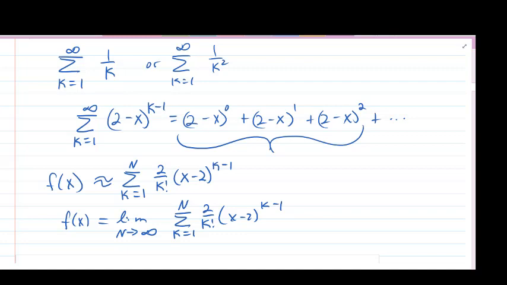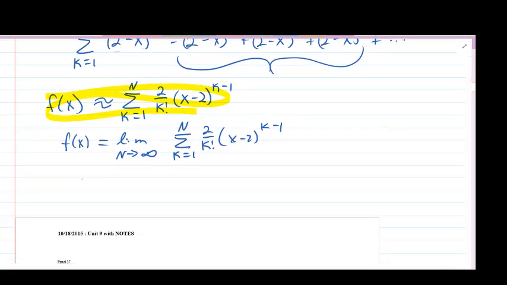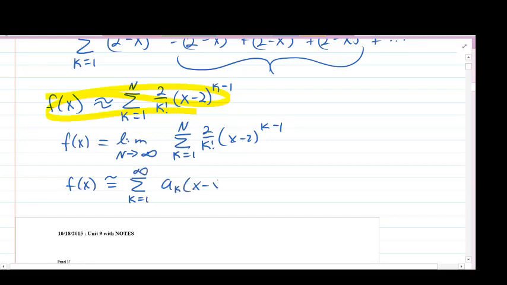We've been developing these series, but where we've really been going is this idea. I try to use specific numbers; I think sometimes that's easier for you to see. That f of x is nearly equal to the summation as k goes from 1 to infinity of a sub k times (x minus x naught) to the k.